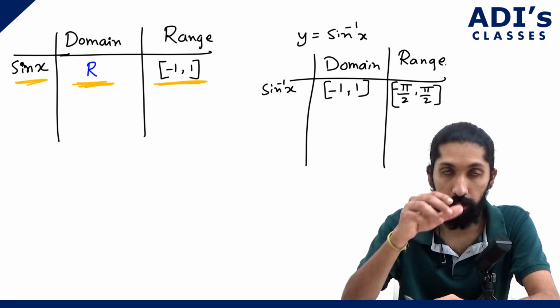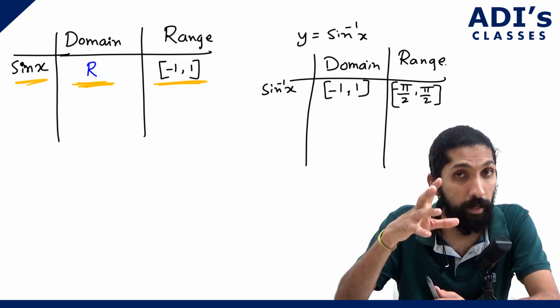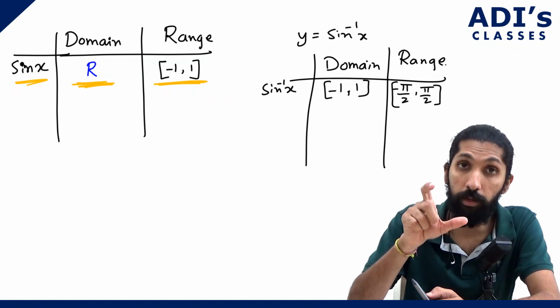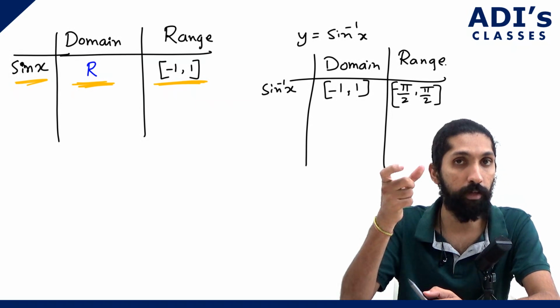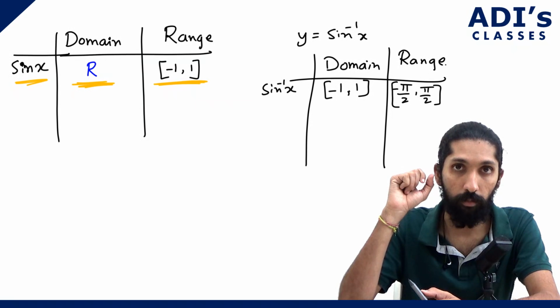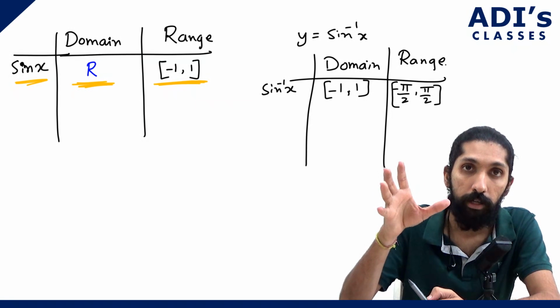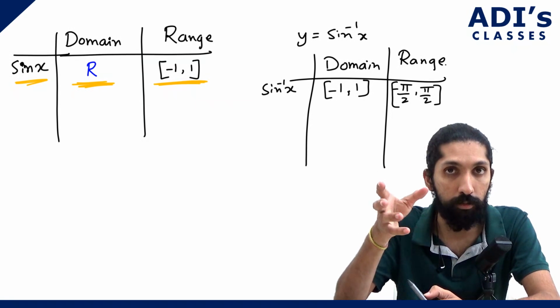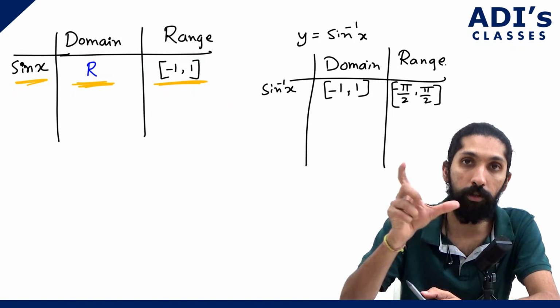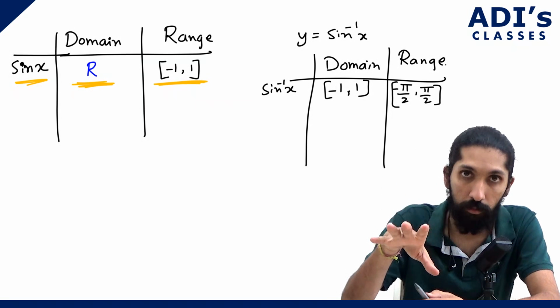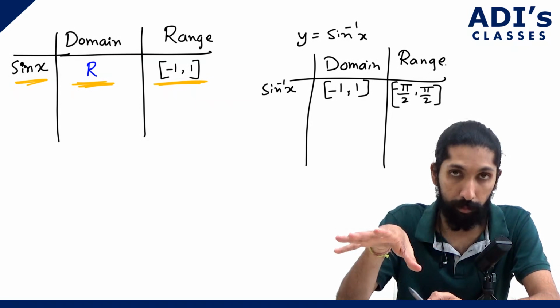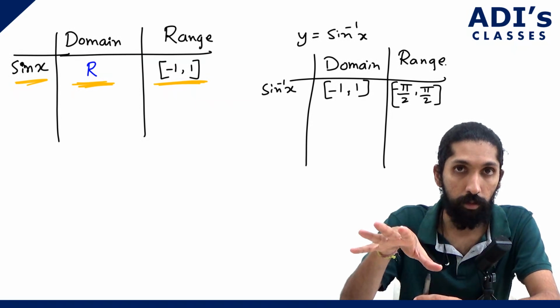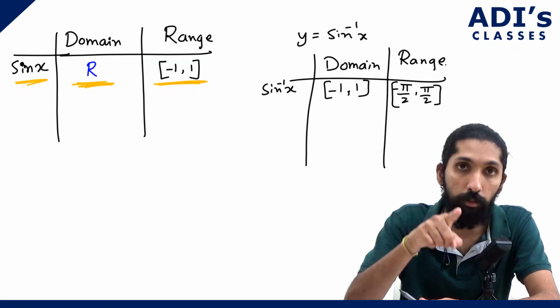The answer to this question will become very clear in the next video, because we will look at the graph of the inverse trigonometric function. When we learn about the graph, it will become much clearer why it is only from here to here. For now, I'm going to keep that as an open question. If you watch the next video, you will understand the reason.